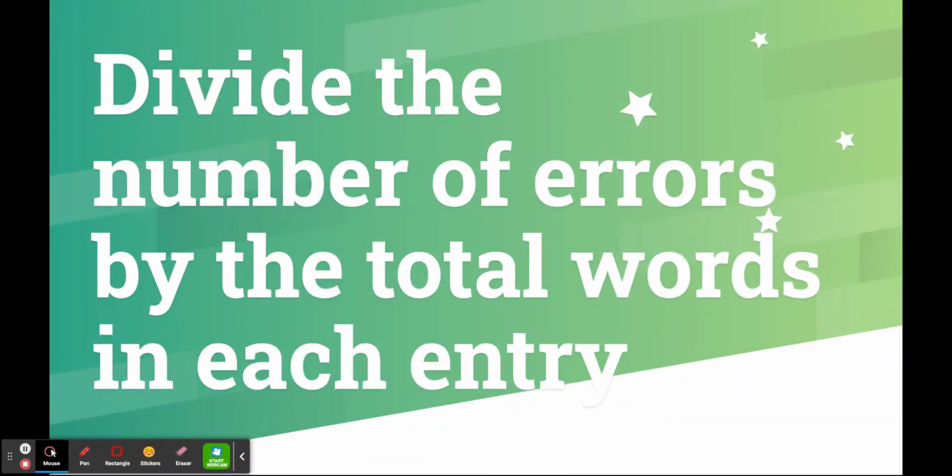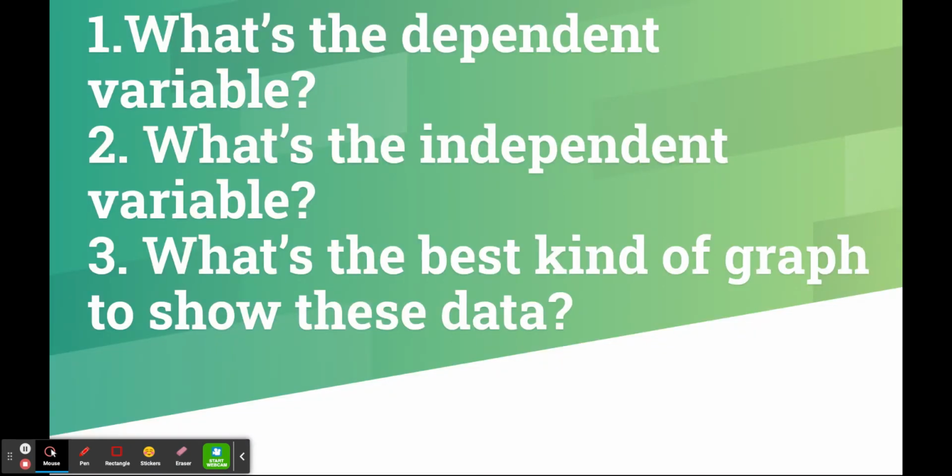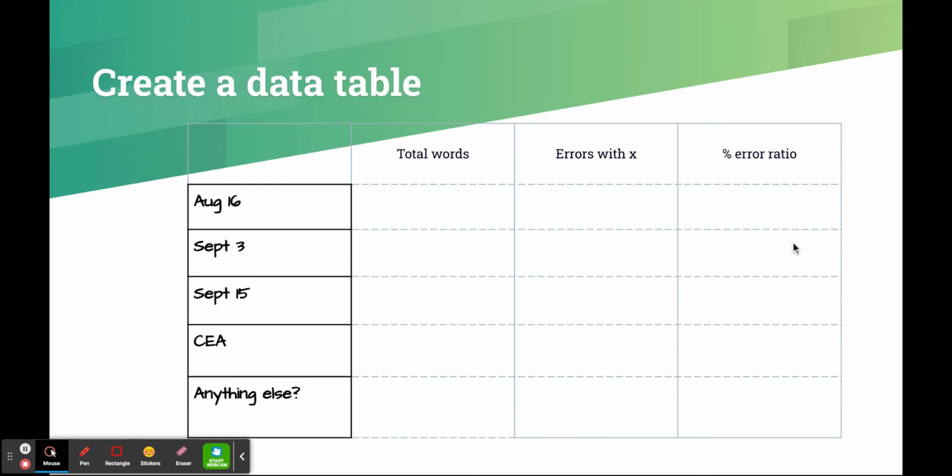I'm going to do the calculation, 7 divided by 321. It's going to give me a decimal. I convert that to a percentage. Then I fill that percentage into this right-hand column for the error ratio.